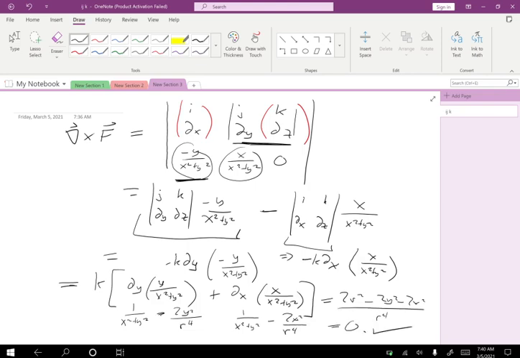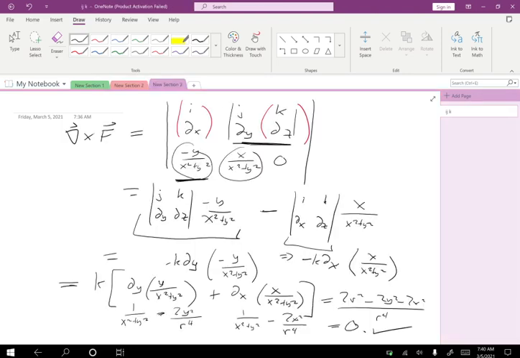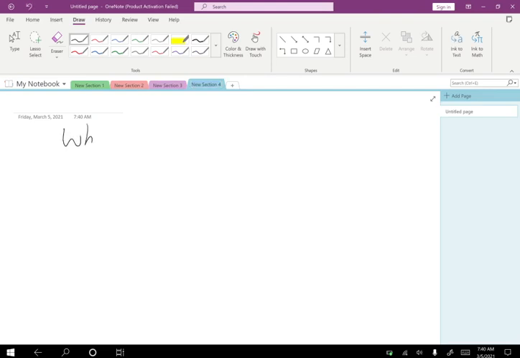So that will be 0. Okay? So this shows that the integral does not depend on C. And I should explain why that is.